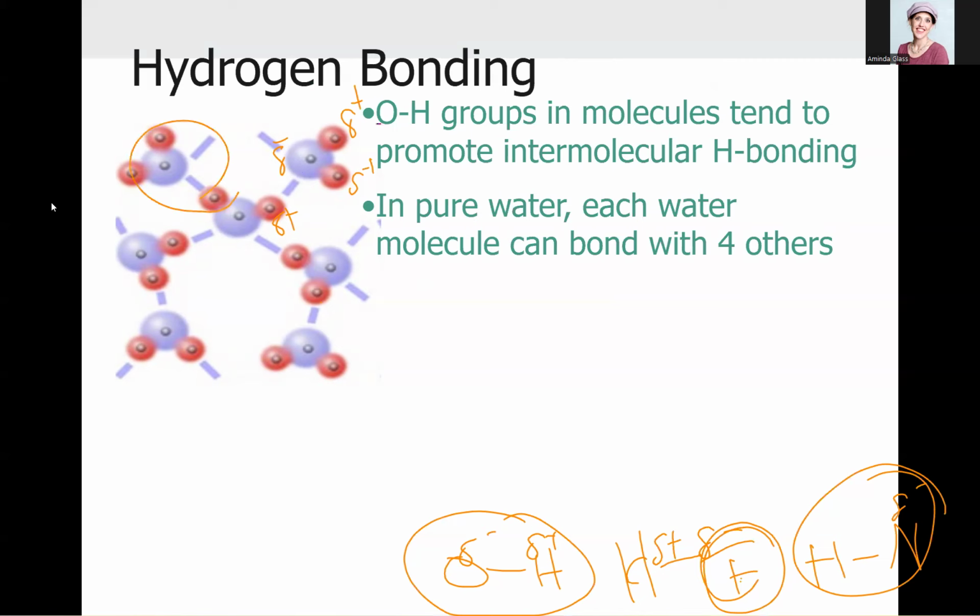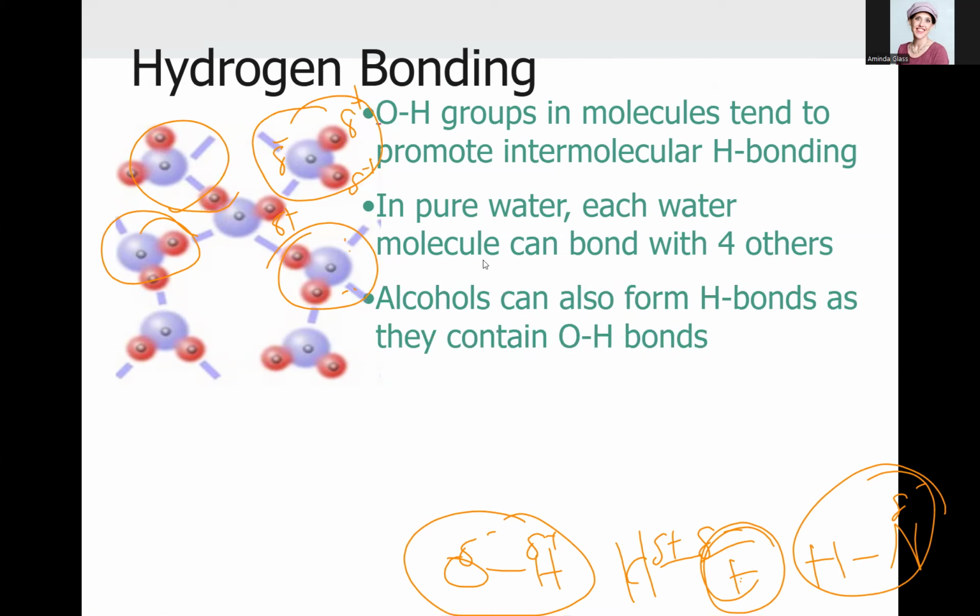And you can see here, you have 1, 2, 3, 4 of these hydrogen bonds, these little purple rectangles are those hydrogen bonds between water molecules. So each water molecule can bond with four others because these lone pairs of electrons right here are each a negative dipole. And they bond with hydrogens around it, which are the positive dipoles.